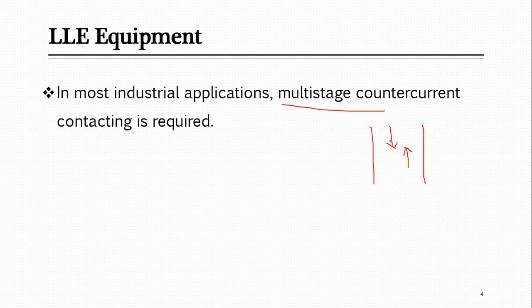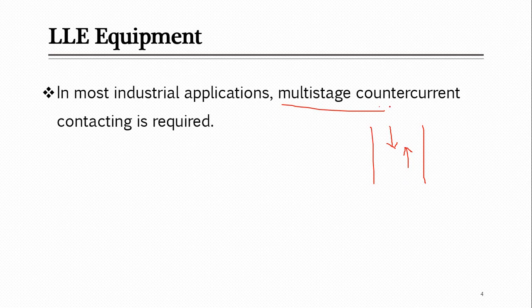It will depend on their density which one moves upward and the other downward. Definitely we look for better contact, so we can adjust the flow. Most of the time the heavy feed is introduced from the top and the lighter from the bottom, so the lighter can move upward and the heavier can go downward.